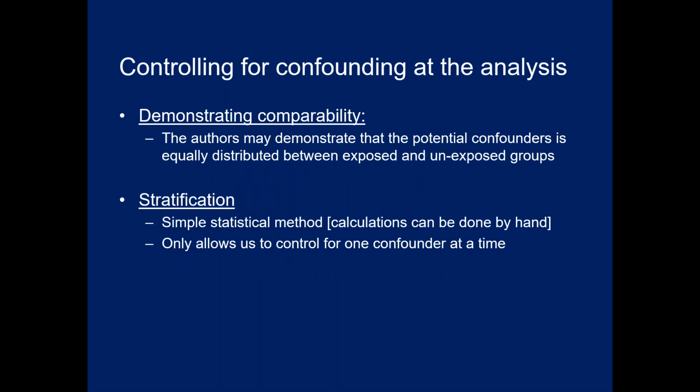Okay, so when we get to the analysis stage, one of our options is to demonstrate comparability. If we go back to the question of whether age is a confounder of mammary cancers in a study that's looking at the effect of neutering, the way we would do that is we would demonstrate that on average the dogs that were neutered were the same age as the entire dogs.